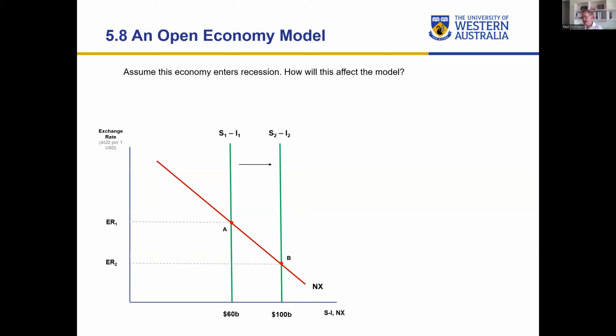So what you're likely to do in response to this big drop in the exchange rate is cancel your holiday to wherever you're going in the world, because all of a sudden it becomes more expensive. Presumably you haven't booked and paid for things. So you cancel those plans to go overseas and you holiday in Australia instead because of the drop in the exchange rate.